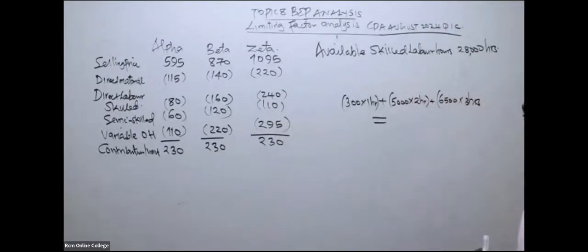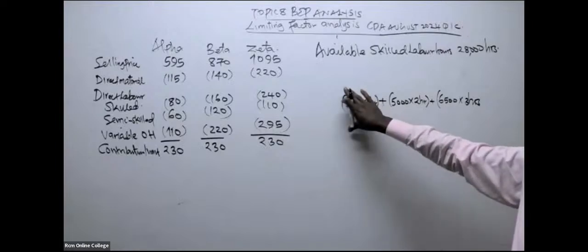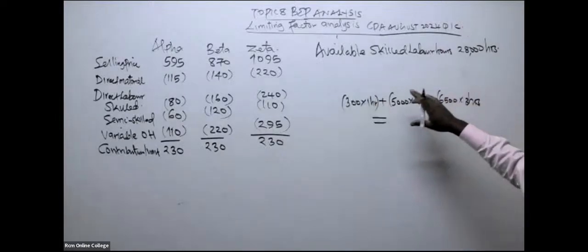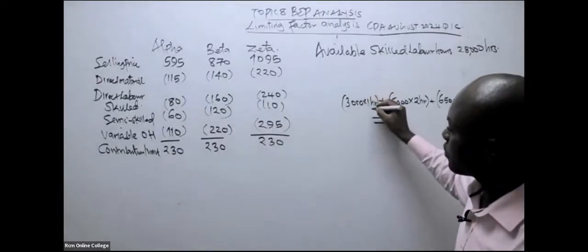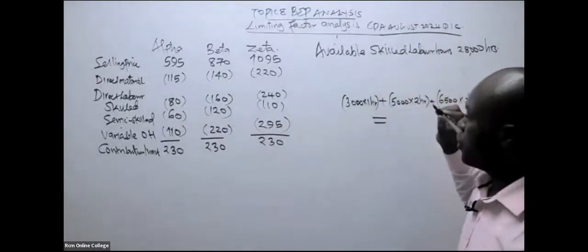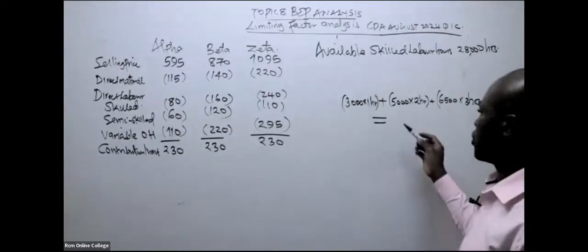What will be the total skilled labor hours if you are to fulfill this demand? This is the maximum demand. So 3,000 units of alpha by 1 hour, plus 5,000 units by 2 hours, plus 6,500 by 3 hours. What will be the total labor hours? You will be in need of what?